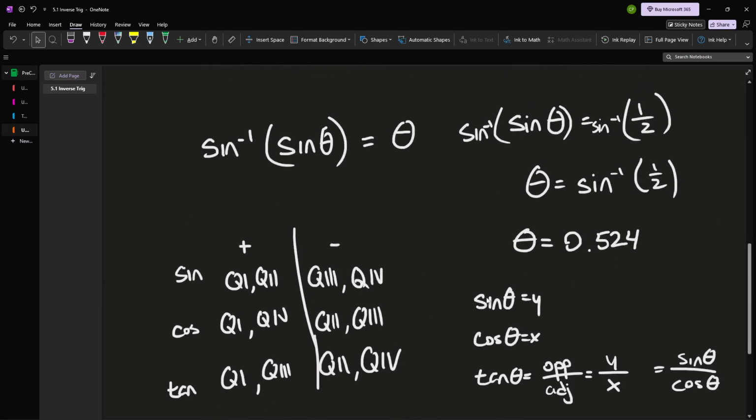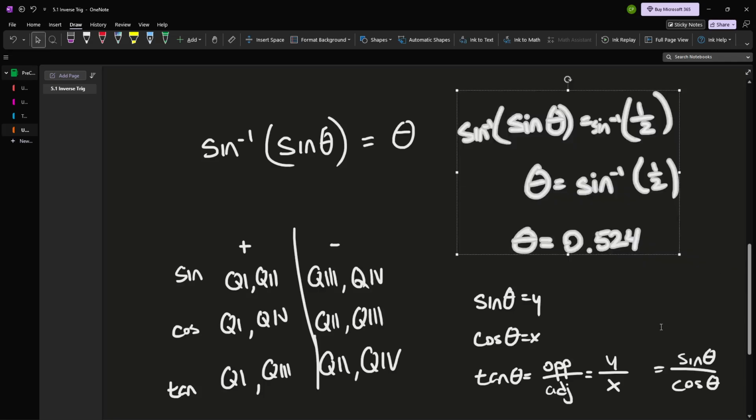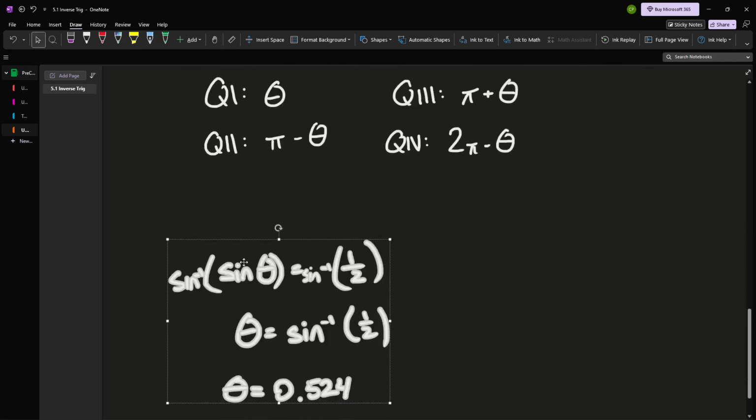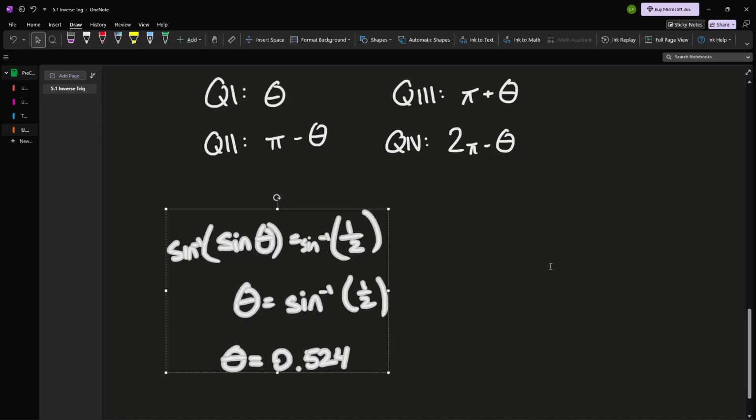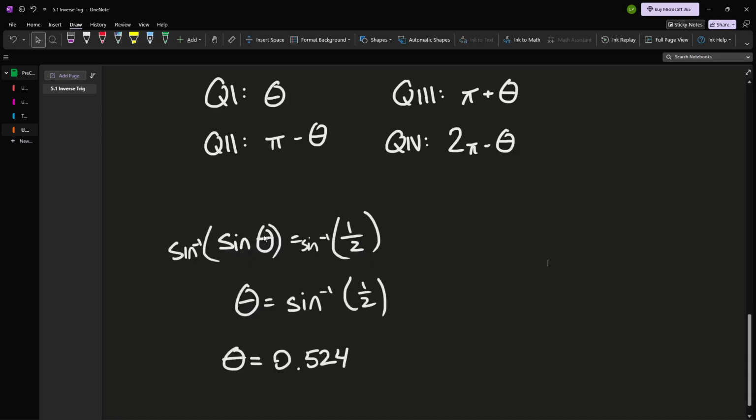Let's now finish off our problem that we had before. I will make a copy of it so it's now in one place, where we found theta to be 0.524. When I look back at the original and see from this step, I have a positive 1/2, so I must have quadrant 1 and quadrant 2.